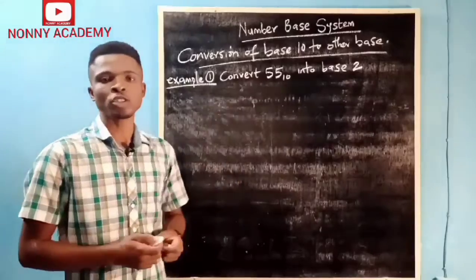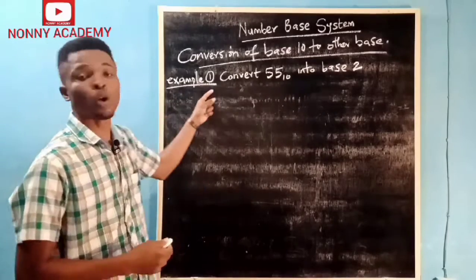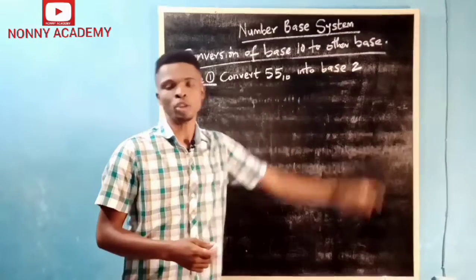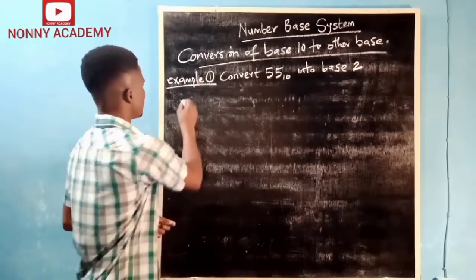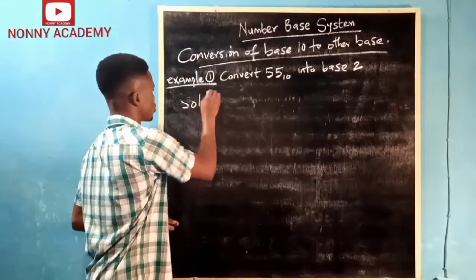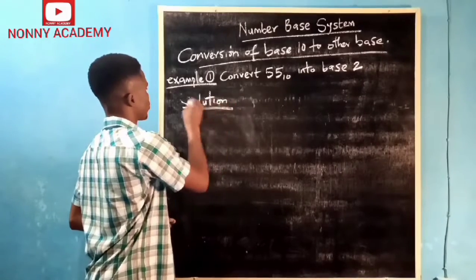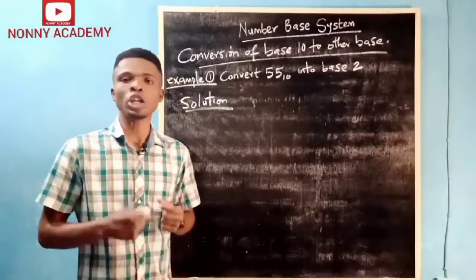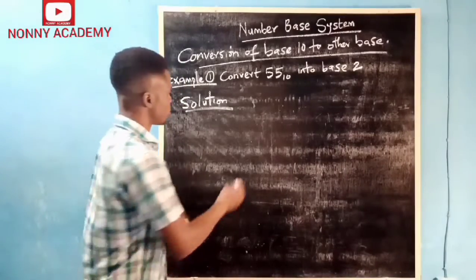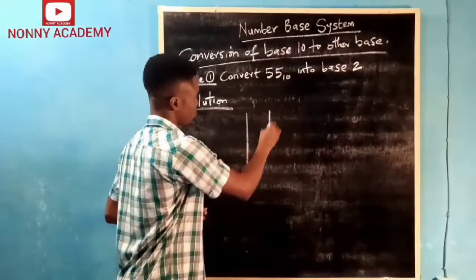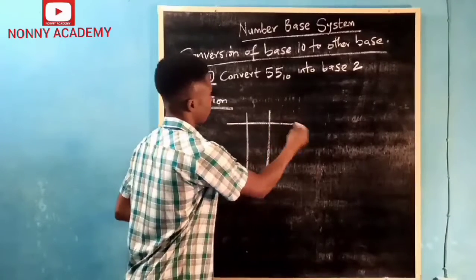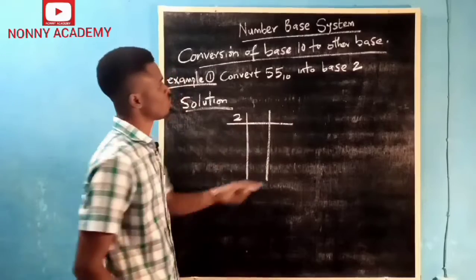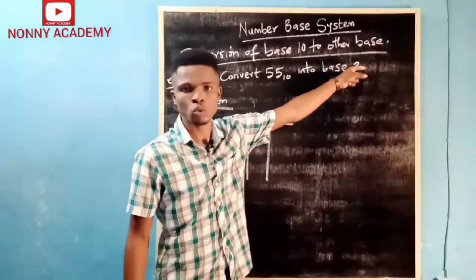Let's take a look at the first example. Example 1. Convert 55 base 10 into base 2. Solution. The first thing we need to do is to draw a long division table, where I have 2, which is the base I'm converting to.